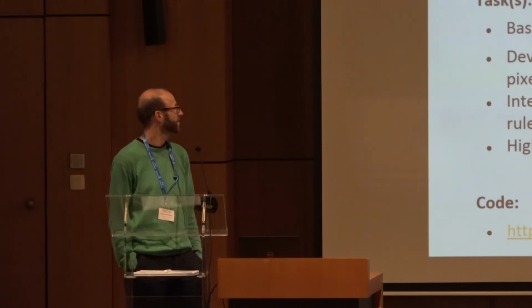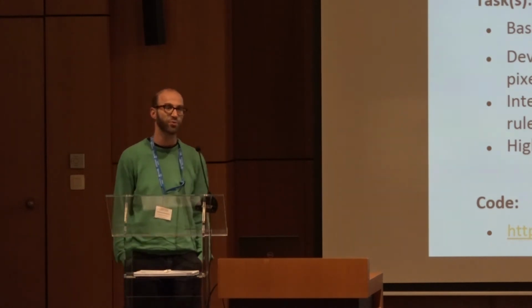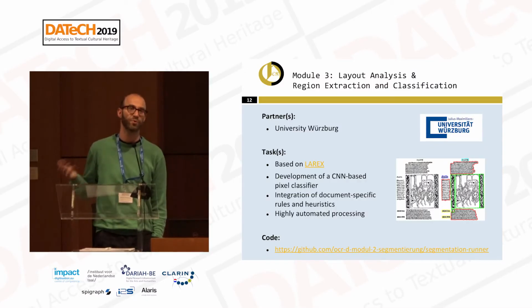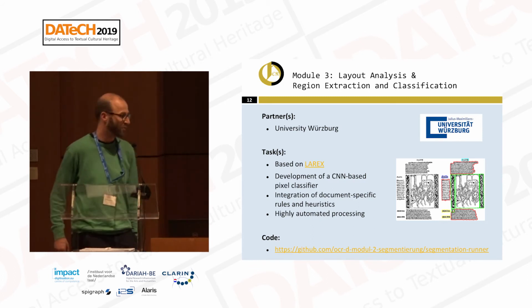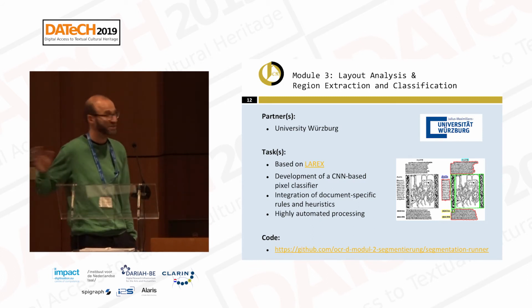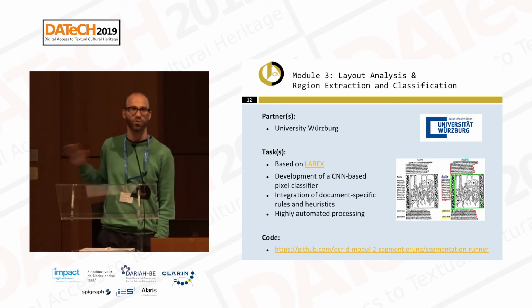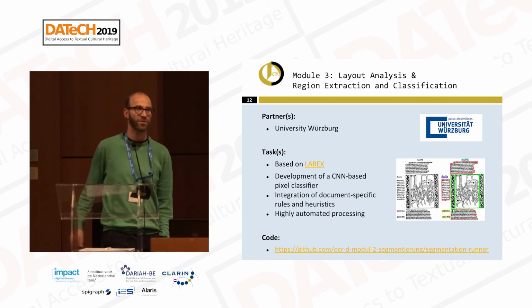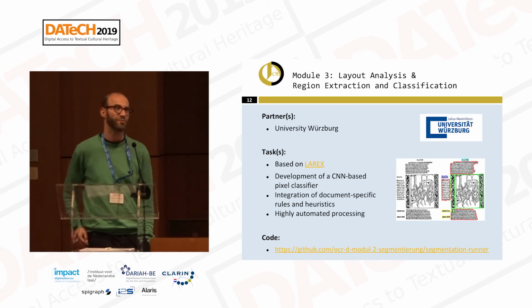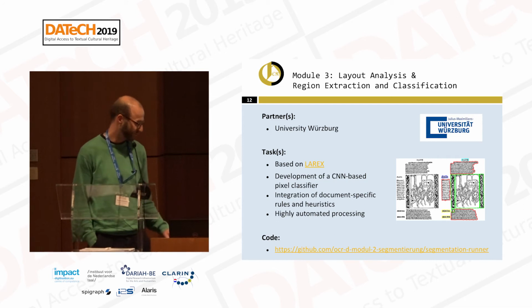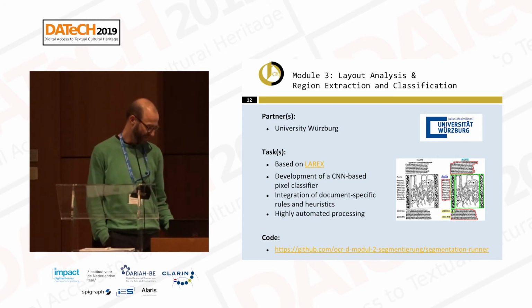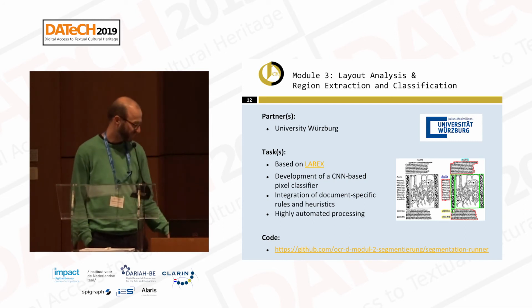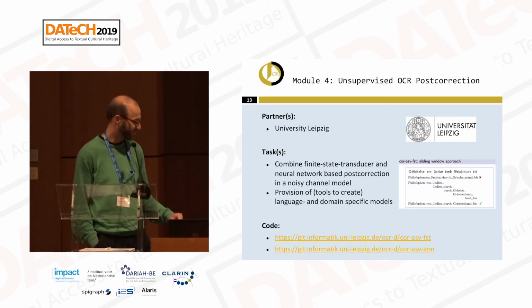And the main focus, I think, since LAREX is a tool that was based on user input to do the segmentation, is to try to move this to the highest possible degree of automation. Have I mentioned that within OCR-D, the target is all printed German documents from 1600 to 1850? So we definitely need something which works without much user interaction. And also here a prototype is already available on GitHub.